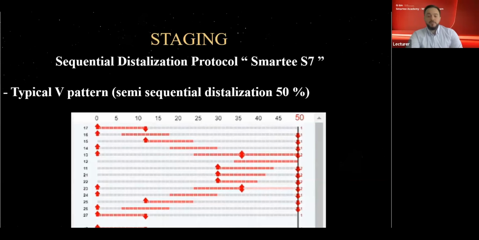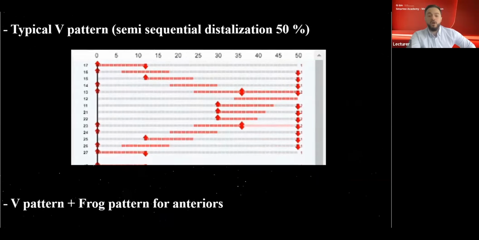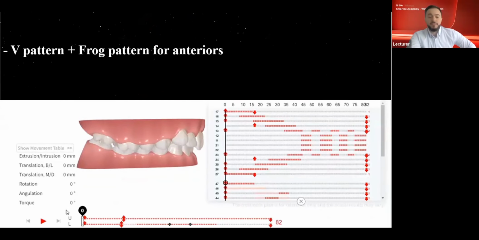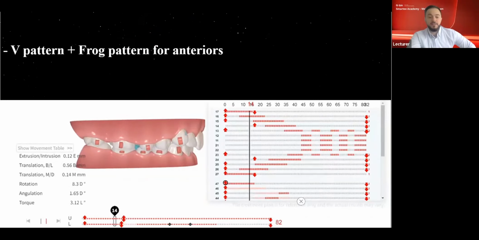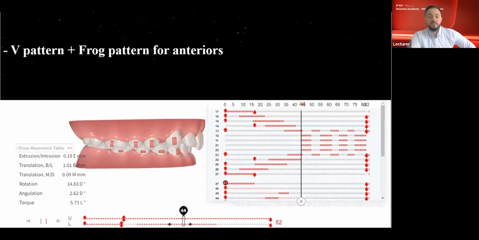While for the anteriors, there is the option of having them retracted as a whole together, or we can modify this with the frog pattern for anteriors. This means that once we finish the distalization of the molars and start retracting the anteriors, the canine will be retracted first by 1 millimeter, followed by the anteriors, then the canine again, then the anteriors, until we finalize the movement.